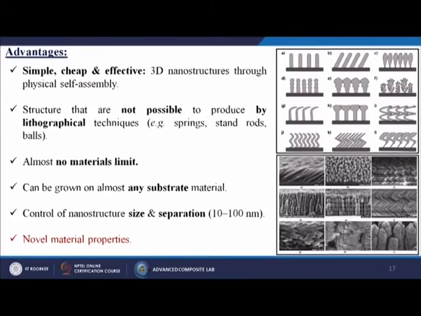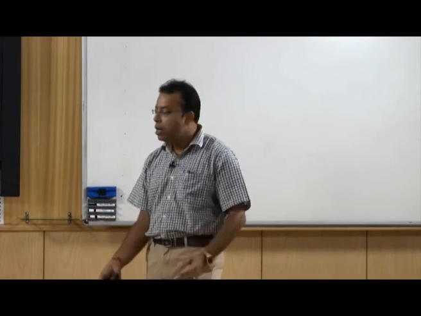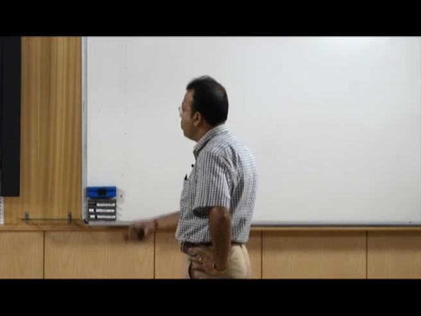From this figure you can see that any type of shape of that structure I can make on top of our substrate. So, we can achieve different properties, we can make the material porous, we can make the material solid without any pores. So, any type of configuration can be possible on top of the substrate.